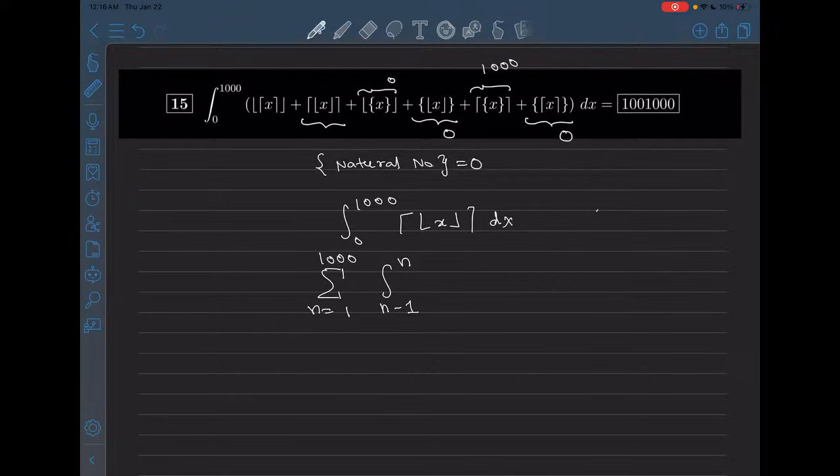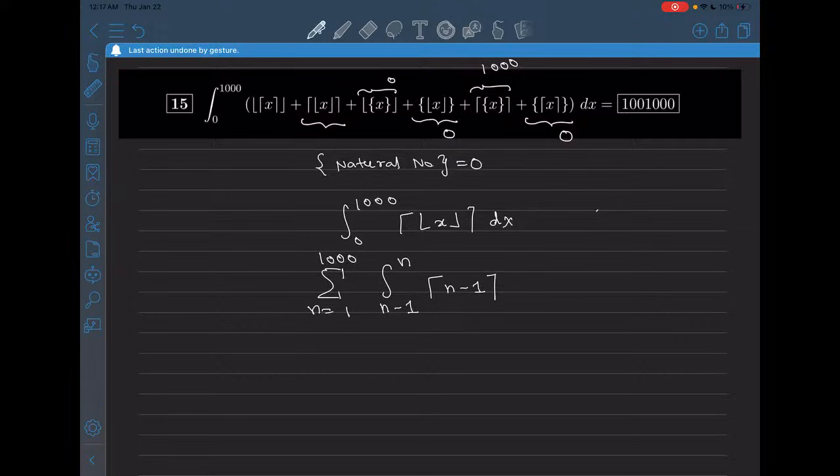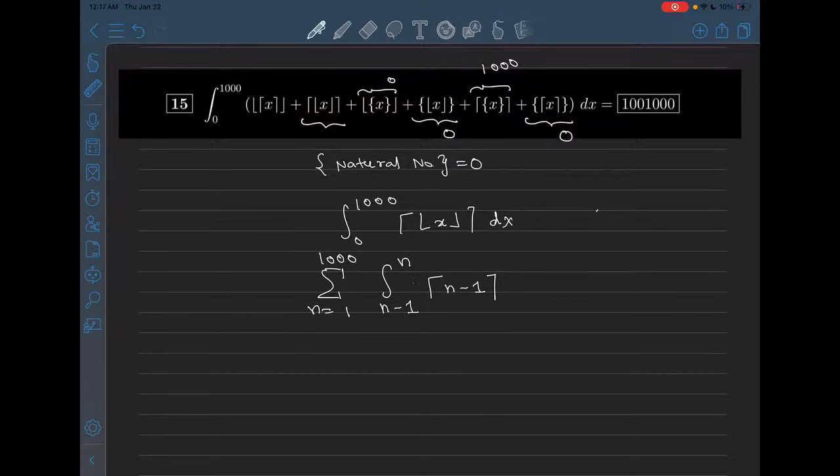So this is from 0 to 1, and then 1 to 2, and then lastly from 999 to 1000. And then if you take floor, this will be n minus 1, right? If you just take the floor function, it rounds down, and in this range from n minus 1 to n, if you round down, that should be n minus 1 dx, right?